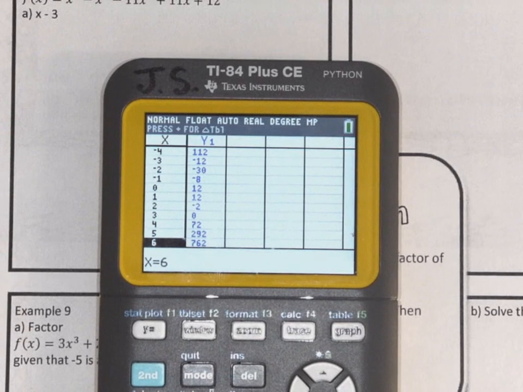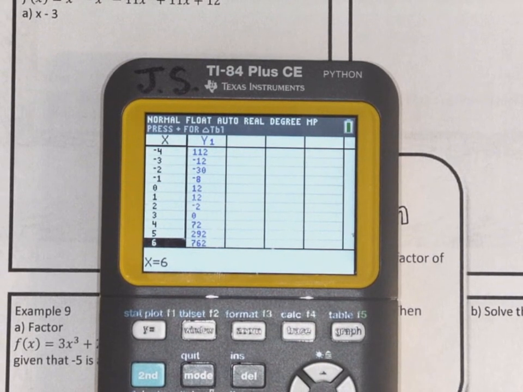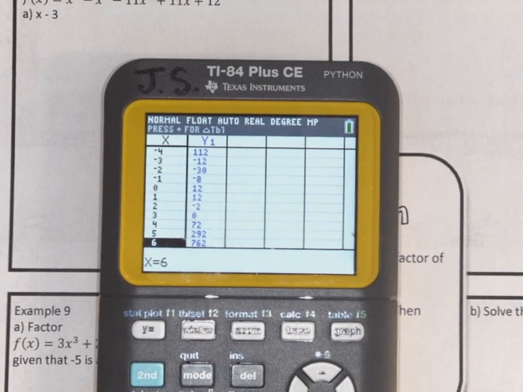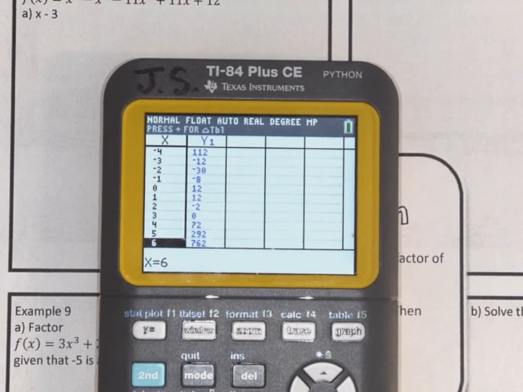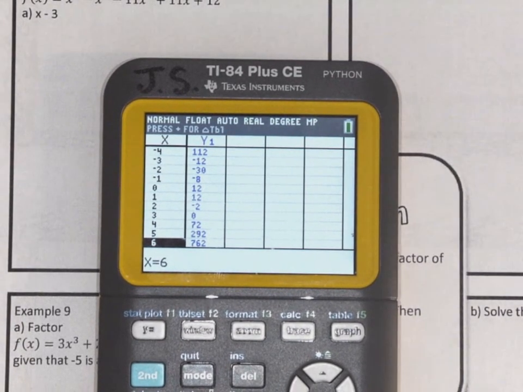Everybody okay? What are we saying? Yes, it's a factor, or no, it's not a factor? What number did we put in the box, or what number are you actually checking? Negative 3 or 3? 3. So when x is 3, what do you get? Because we changed the sign, right?